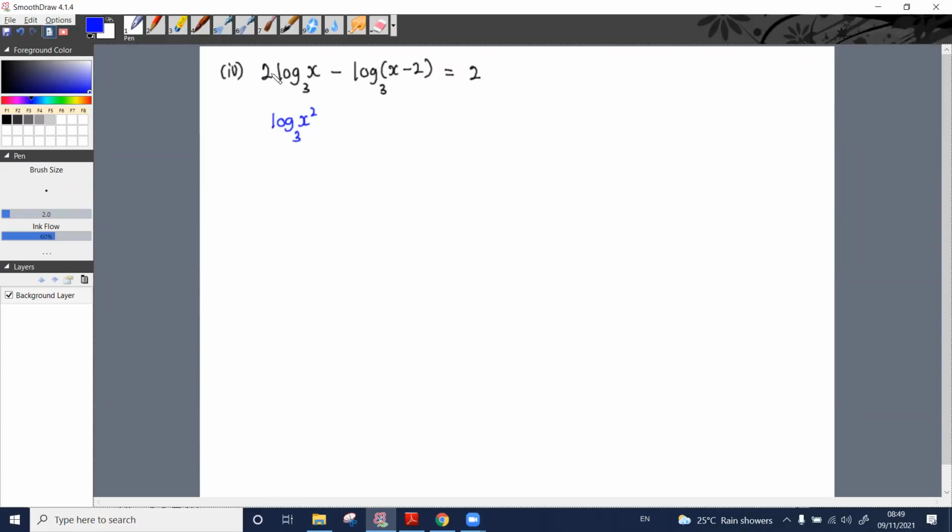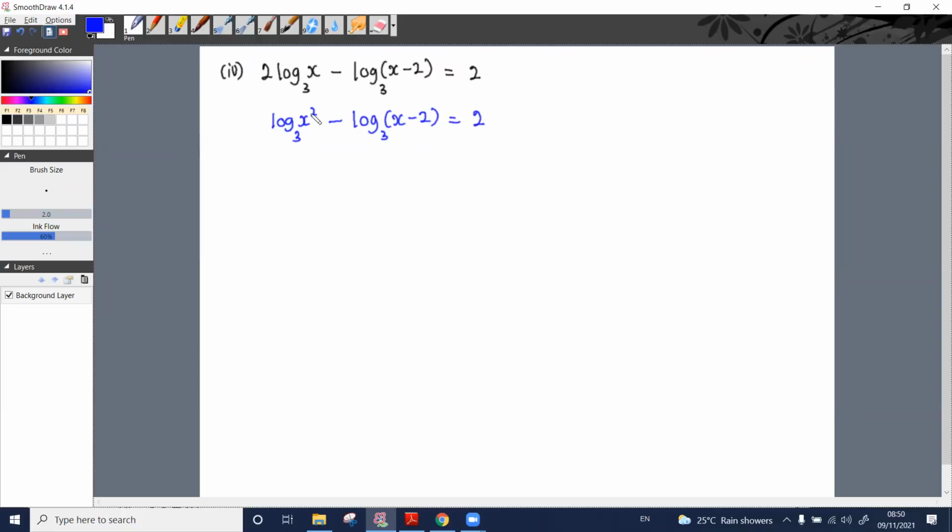The number in front can be written as a power. Then minus log of x minus 2 to the base 3 equals 2.